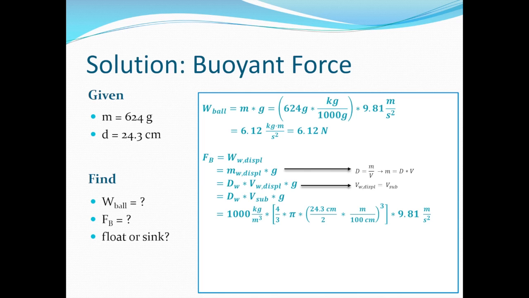We can do a dimensional analysis again, knowing that there are 100 centimeters in a meter, and we want centimeters to cancel. So we put the 100 centimeters on the bottom and meters on the top. If we calculate this out, we find that the buoyant force acting on the ball is 73.7 kilogram meters per second squared, or 73.7 newtons.